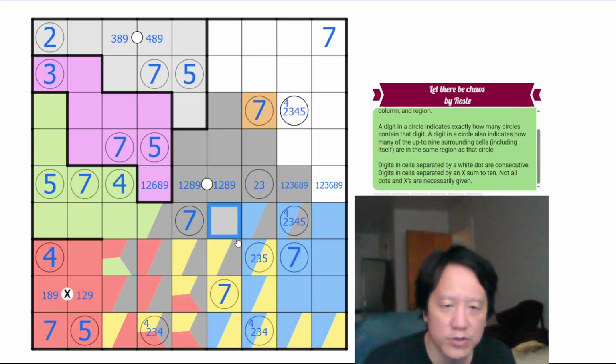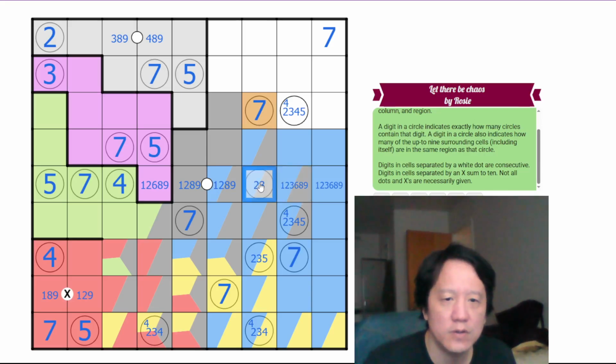And then blue could also, technically, go that way. 1, 2, 1, 2, 1, 2, 1, 2. This could technically be medium also. Technically, this could be medium also. Very unlikely.